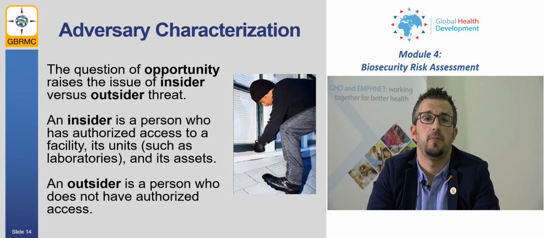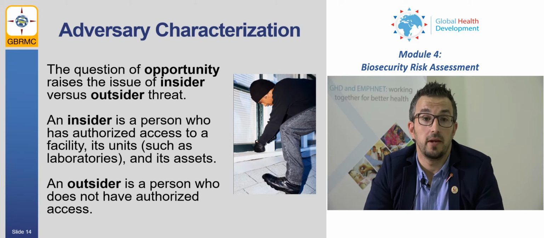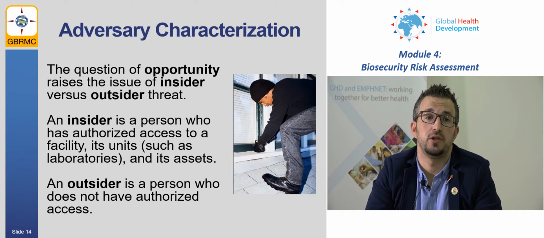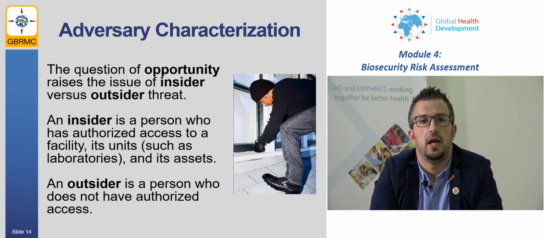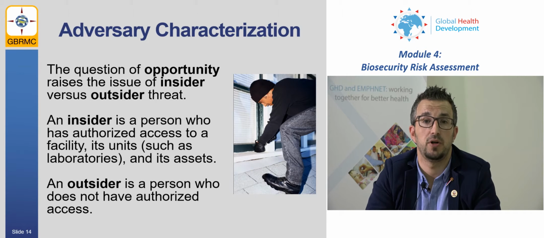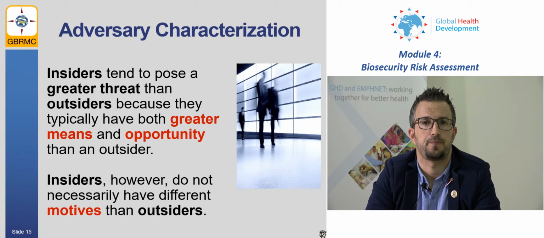And also we talk about the opportunity: when and where they will attack our institution, and how. There will be a physical intrusion, or an information intrusion, or someone inside the institution who will steal this biological material and take it outside the institution. And this is very important. We talk about determining the likelihood and consequence for biosecurity risk assessment.